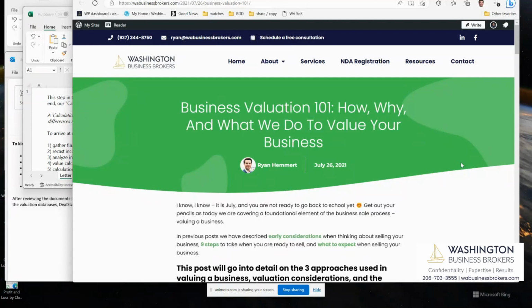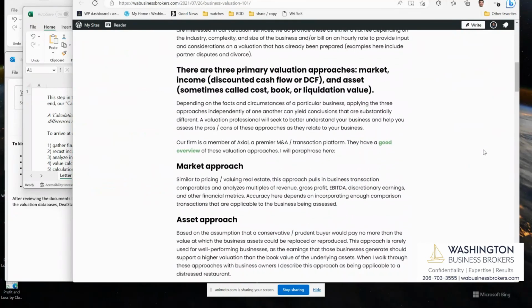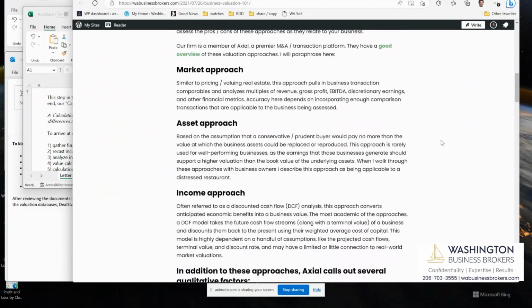So there's a couple things I quickly want to do. The first is I just want to point everyone to some resources about valuation. I've got 2 posts out there, a Business Valuation 101 post, where I talk about the process itself of valuing a business, the types. There's 3 different commonly accepted ways of valuing a business, or methods, I should say, and how those are each used.